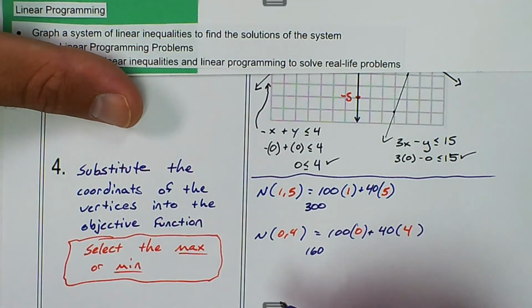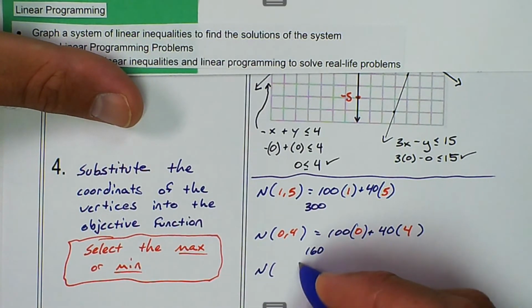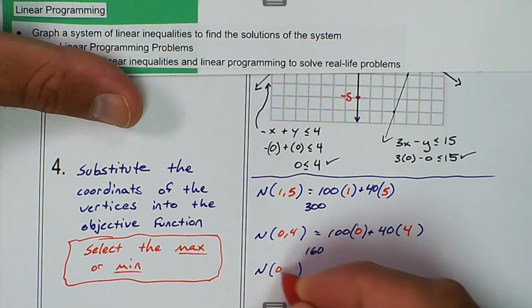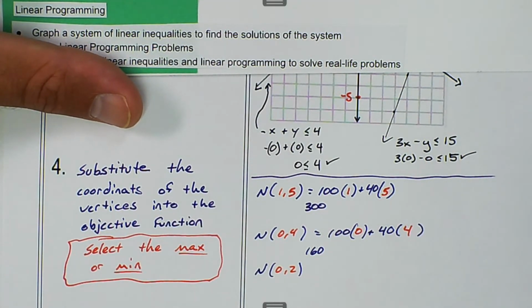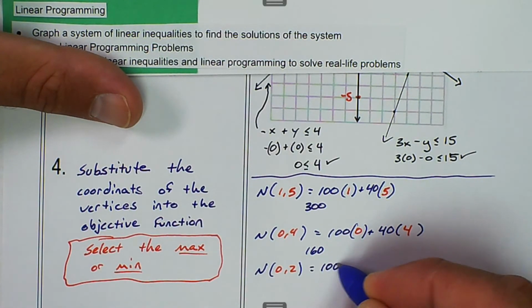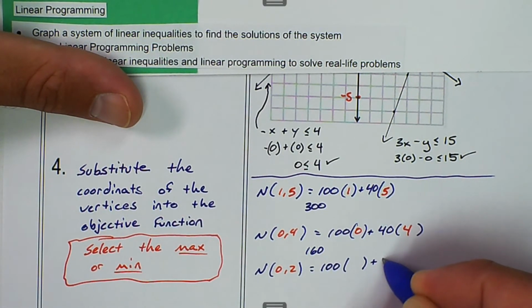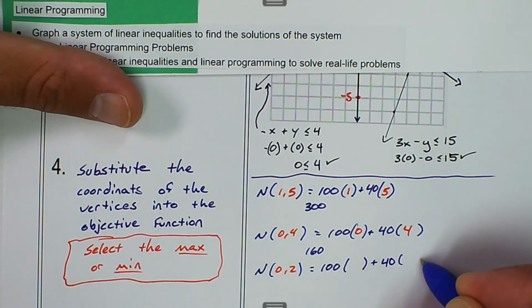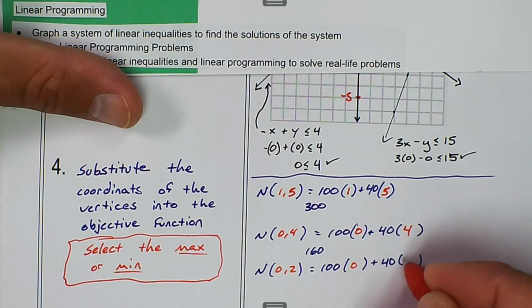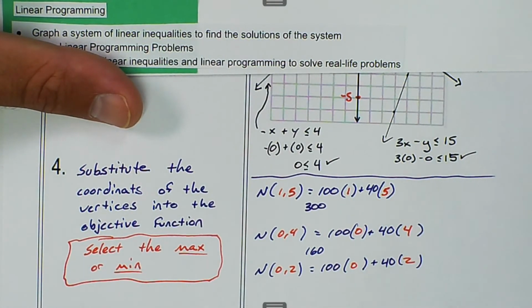Then we want to check the next one. We have the function N evaluated at 0, 2. So that's going to be equal to 100 times 0 plus 40 times 2. And in that case, we get 80.